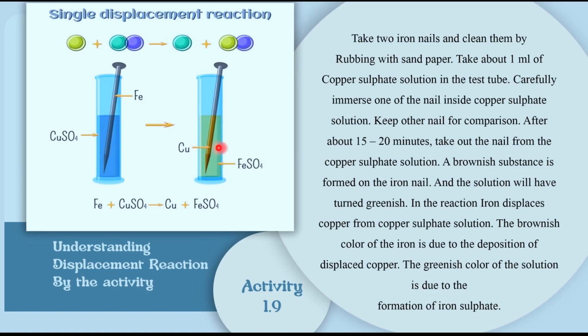And why does the solution turn green? The green color of the solution is mainly due to the formation of iron sulfate. This is what is known as single displacement reaction. This activity clearly indicates single displacement reaction.